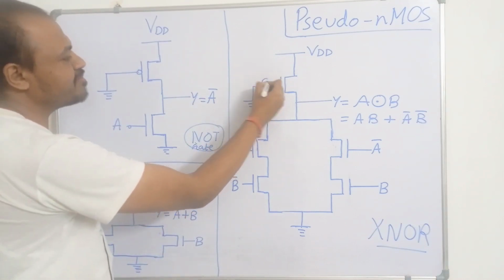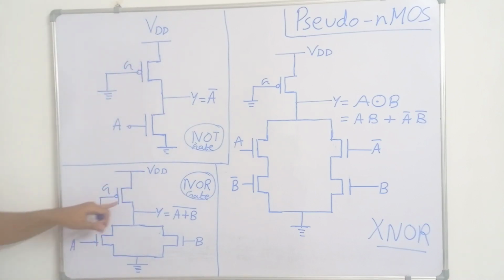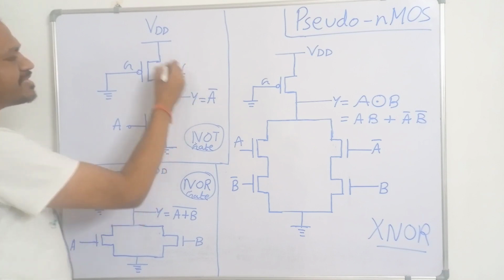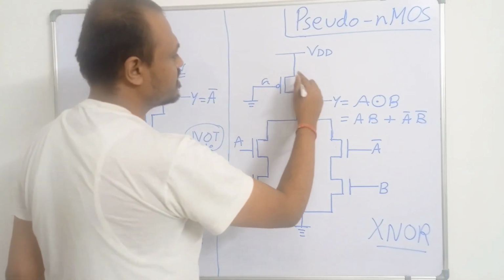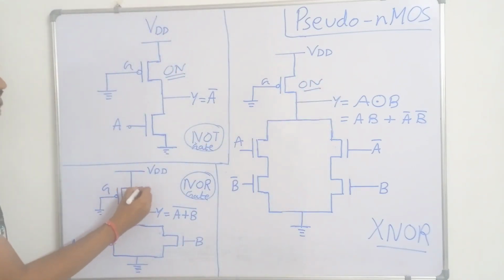Here also the gate terminal of this PMOS transistor is connected to ground. So this PMOS always remains on.